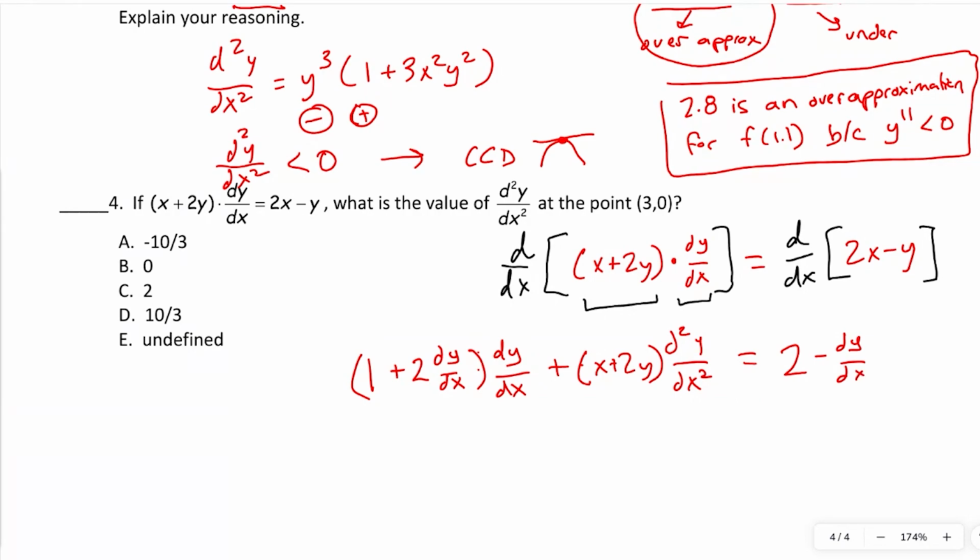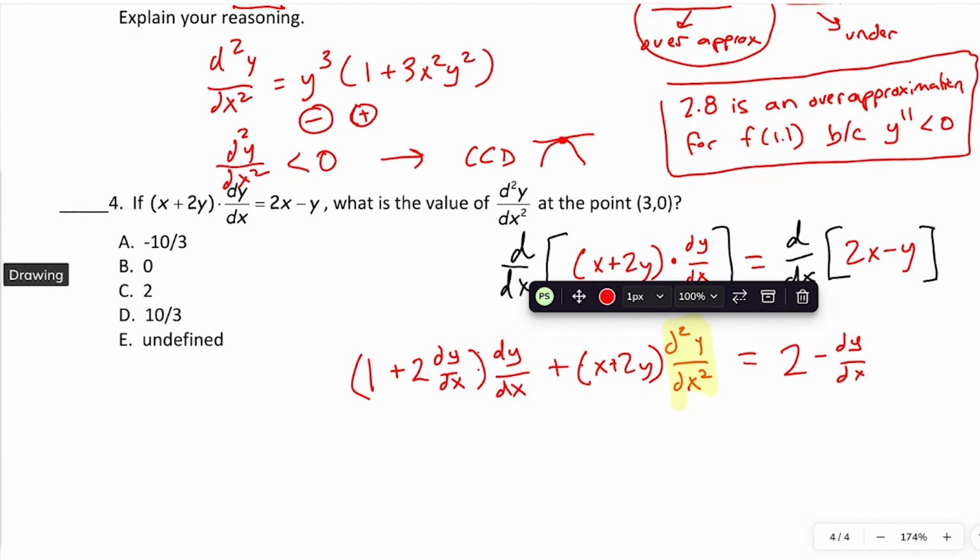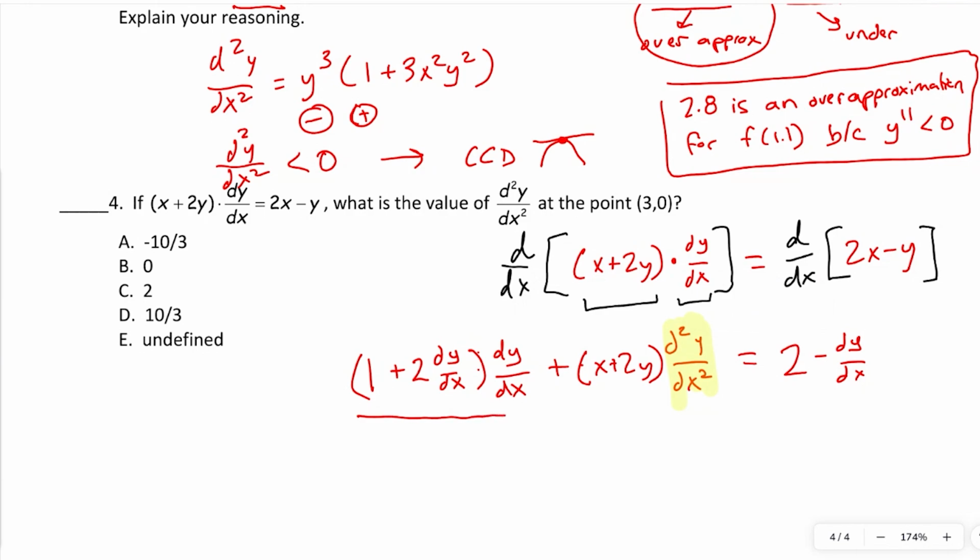Okay, so we want to find the value of the second derivative, and we can see that second derivative is right here. So we need to isolate that, meaning we're going to bring everything else to the right-hand side. So first I'll subtract this, and then followed by dividing by x plus 2y. So first let's subtract that whole thing over.